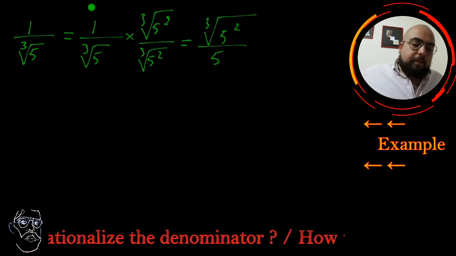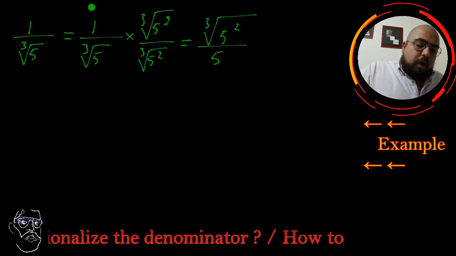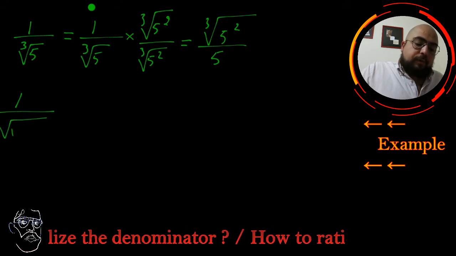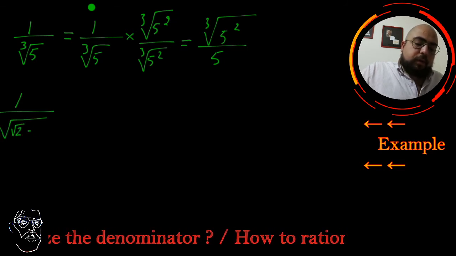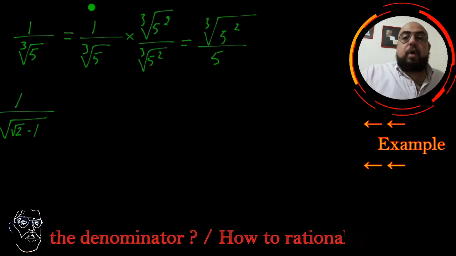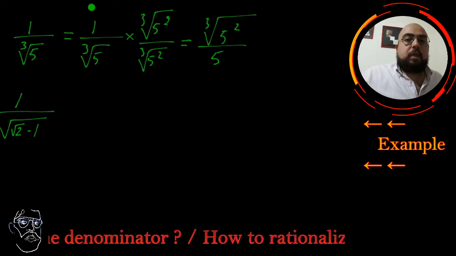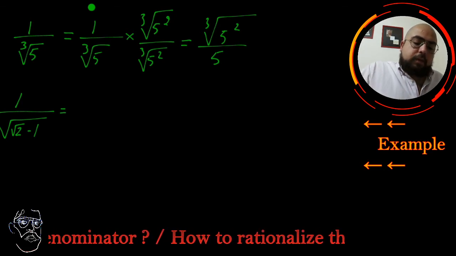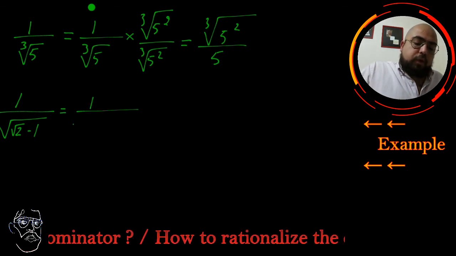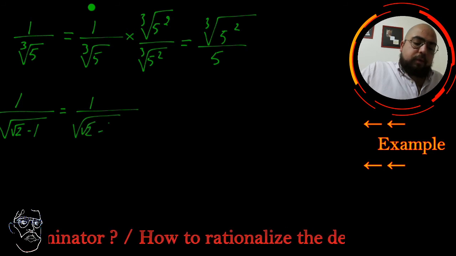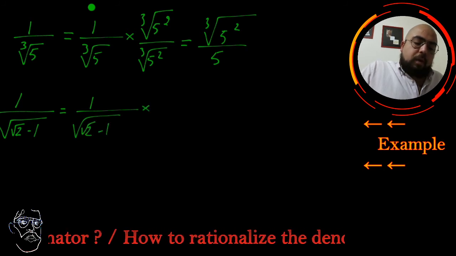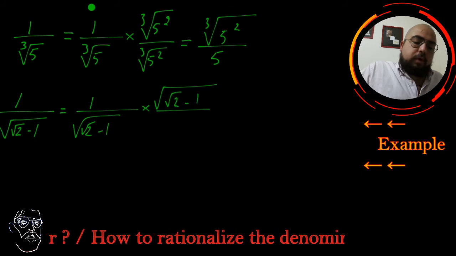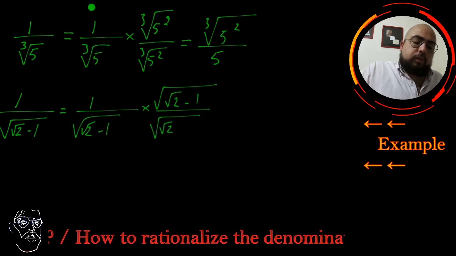One last example. What about a case like this? 1 over the square root of 2 minus 1. Now in this case you have 2 times the square root. So you have to say it's 1 over square root of 2 minus 1 times square root of 2 minus 1 over square root of 2 minus 1.